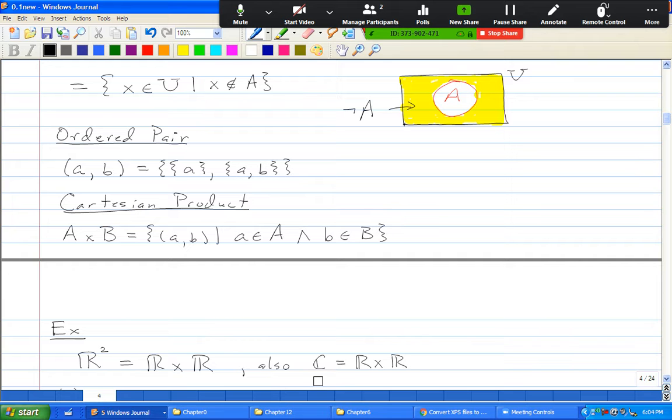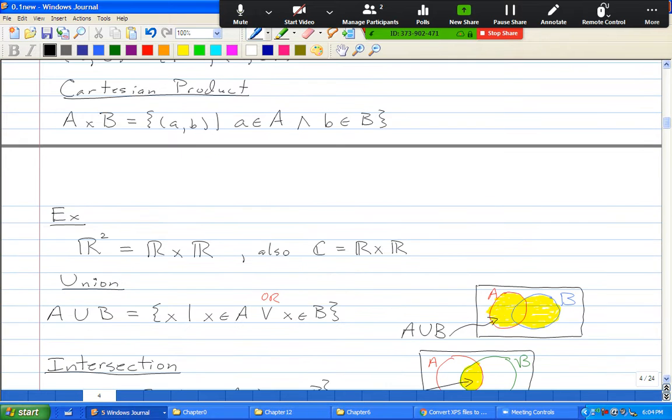Also, the complex numbers is the Cartesian product of R with itself. And, well, along with some identifications, I can even think of the rational numbers as being the Cartesian product of, let's say, the natural numbers and the integers.